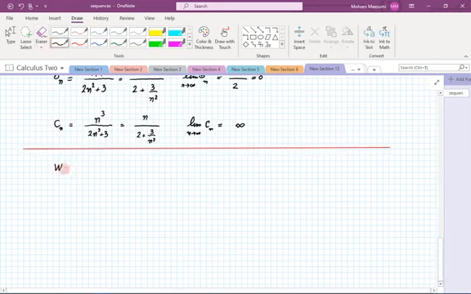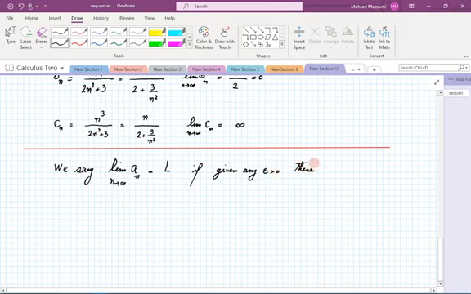So we say the limit of a_n as n goes to infinity is some quantity, let's call it L for limit, if, given any epsilon positive, there is a number N such that the difference of a_n from that limit is less than epsilon for any n larger than that capital N.